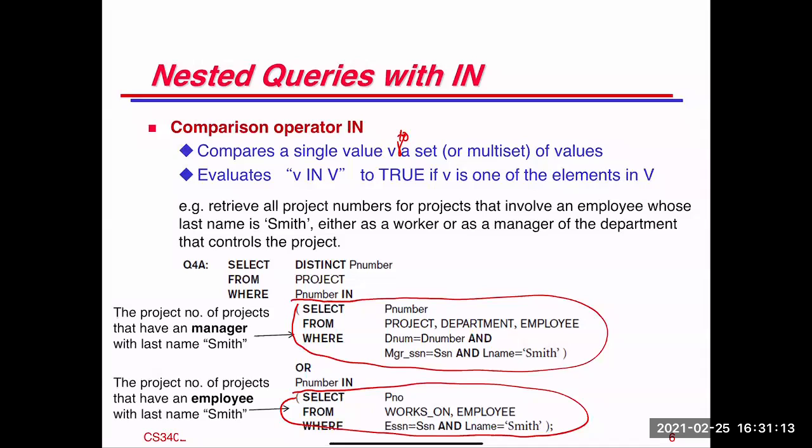It depends on whether you want to call the whole thing a nested query, but usually I would just refer to this as the nested query. So that's the inner query.